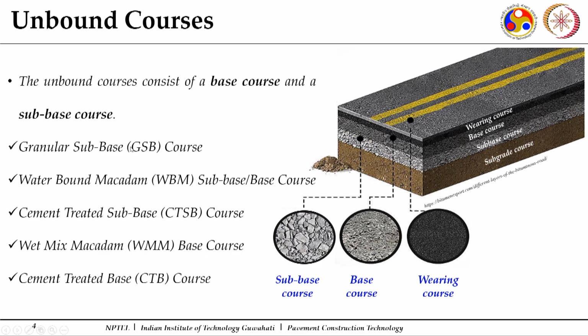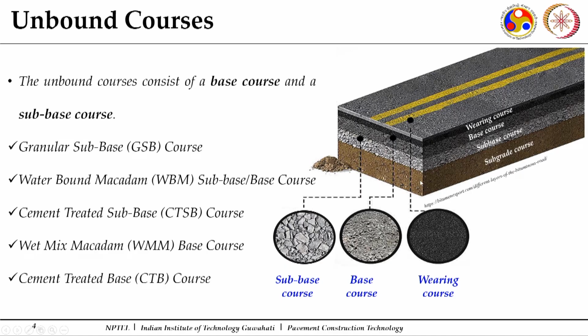The granular sub-base course, if it is unbound, there is no cementing material in it, then it is an unbound granular sub-base course. Water-bound macadam is also a kind of course which is used as a sub-base course or a base course. Base course is the one which follows the sub-base course in the flexible pavement structure when we go from bottom to up.